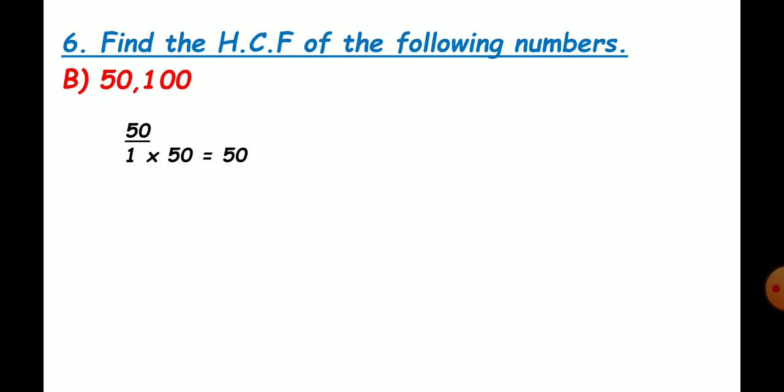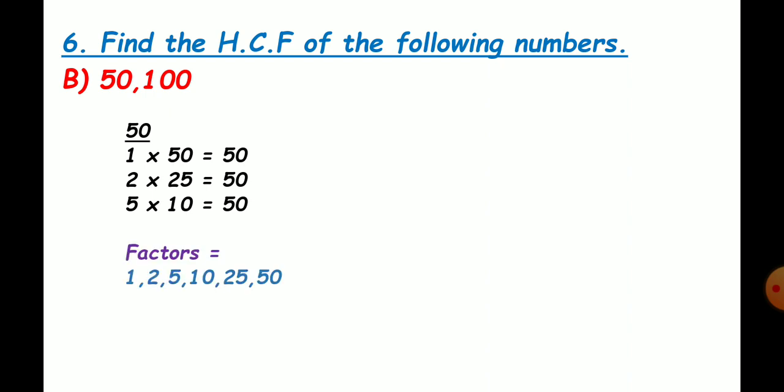If you divide 50 by 2, then you will get 25. 2 25s are 50. 3 table it doesn't come. 4 table it doesn't come. 5 table it comes. 5 10s are 50. 6, 7, 8, 9 table it doesn't come. 10 table it comes, but 10 is already there. So let us write the factors. Factors are 1, 2, 5, 10, 25 and 50.